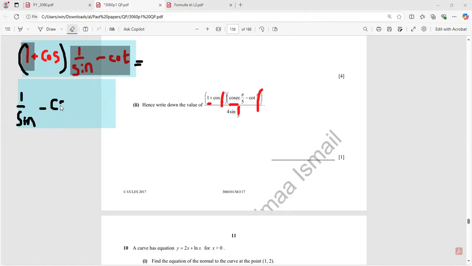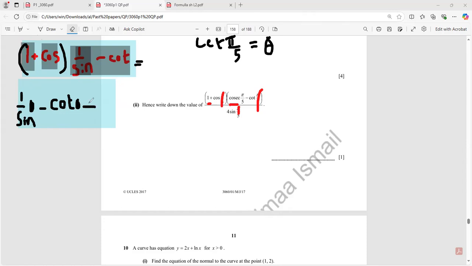Okay, step by step. Remember that pi over 5 will make you confused, so make it theta. Okay, let's say here in the beginning, let pi over 5 equal theta. Then the second here, which is cosine multiplied by 1 over sine, which is cosine over sine.